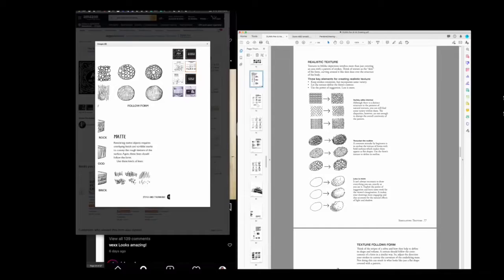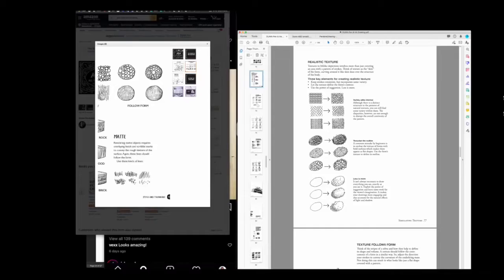Dunn uses different textures. For follow form, which actually in that book, on that page, says break the outline, he uses a long hair and a short hair, and uses the circular texture.